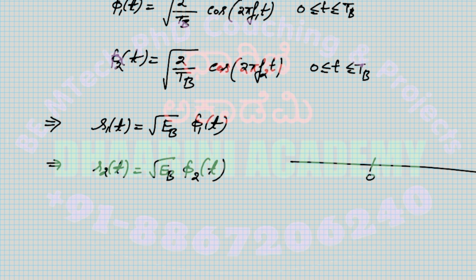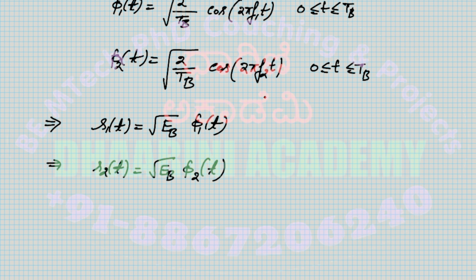So the two different axes we have chosen are orthogonal to each other, right? Orthogonal to each other means if you take the product of phi 1 and phi 2 and integrate.